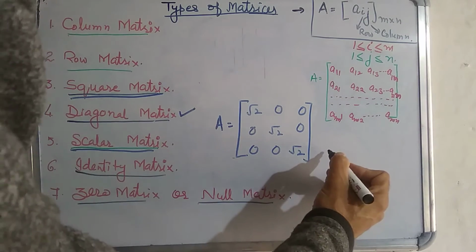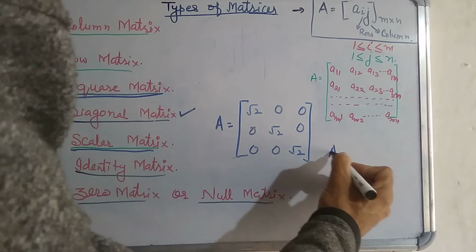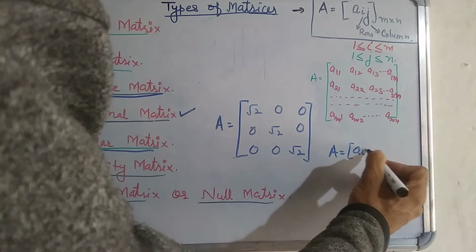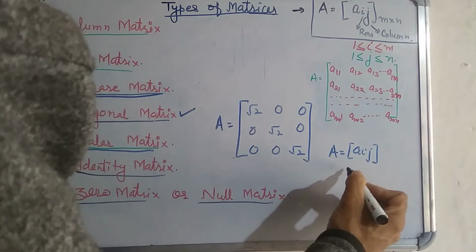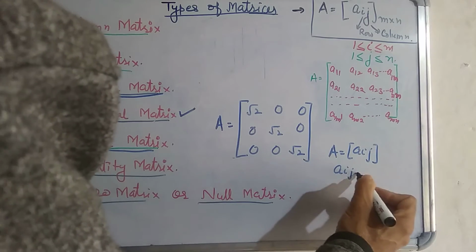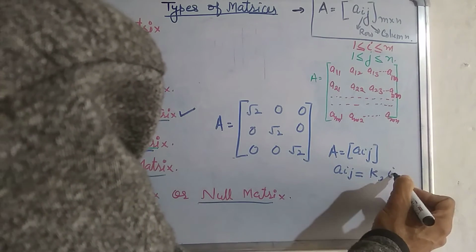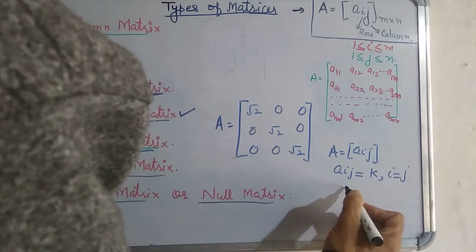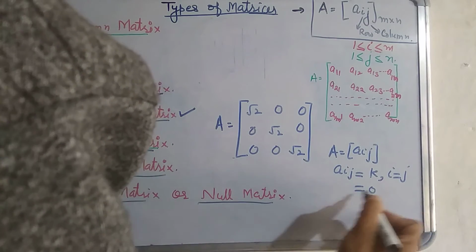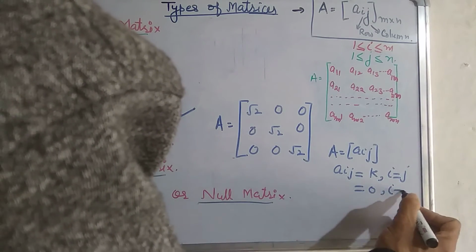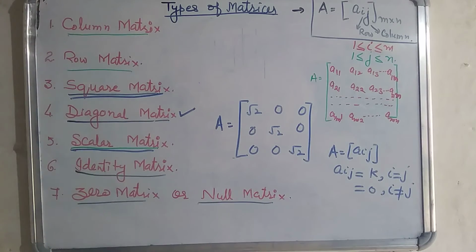So we write like this: A equals a_ij, where a_ij is equal to k, some scalar, when i is equal to j, and is equal to 0 when i is not equal to j.